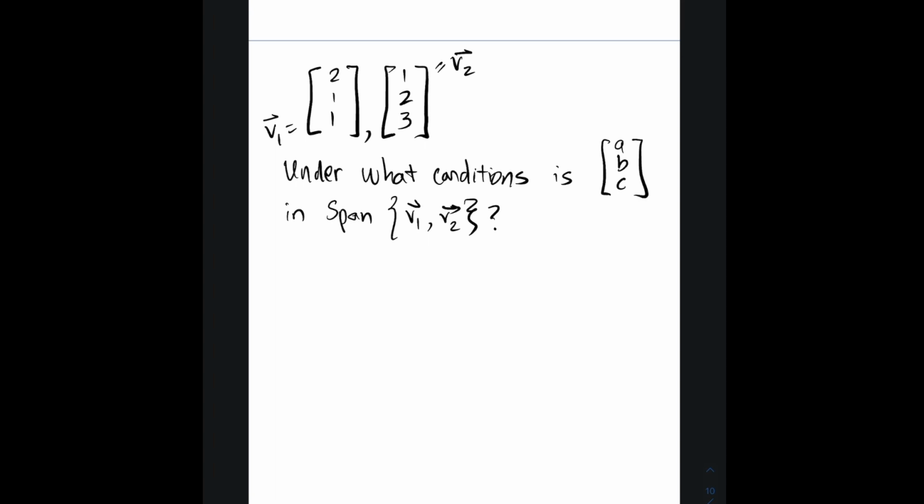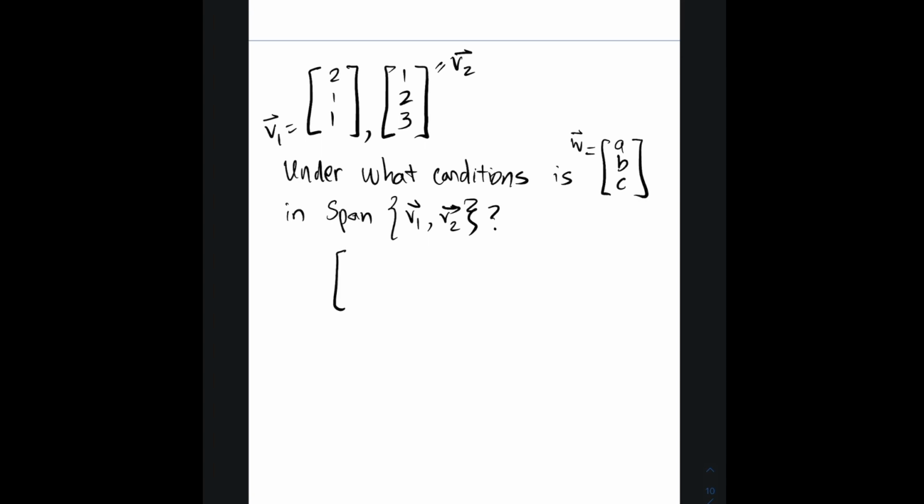Well, remember, in terms of a system of equations, how can we rephrase the fact that ABC is in the span? It's in the span if this vector is a linear combination. So let's call this vector W. If it's a linear combination of V1 and V2. And how do you write this in terms of the augmented matrix?